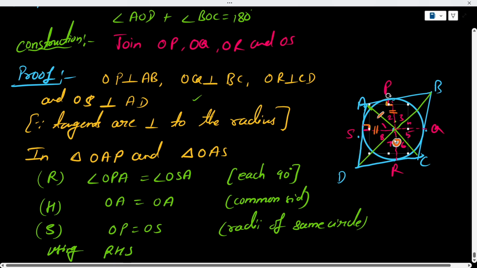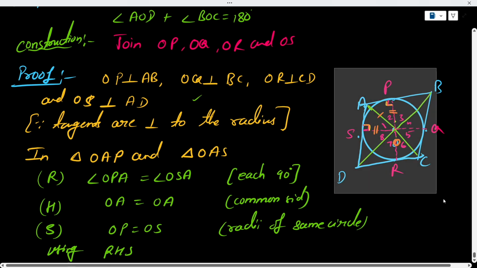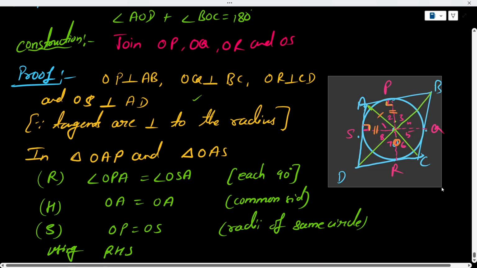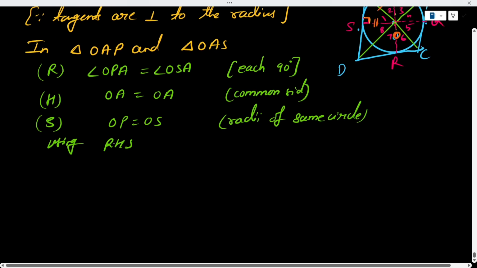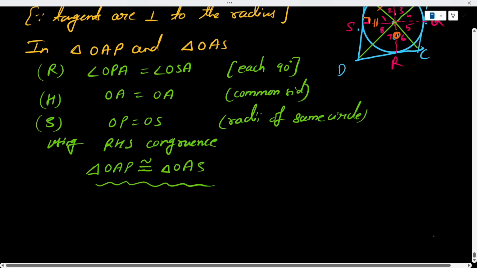Let me take everything here. Let us first write down: triangle OAP is congruent to triangle OAS using RHS congruency. Why did we do this?